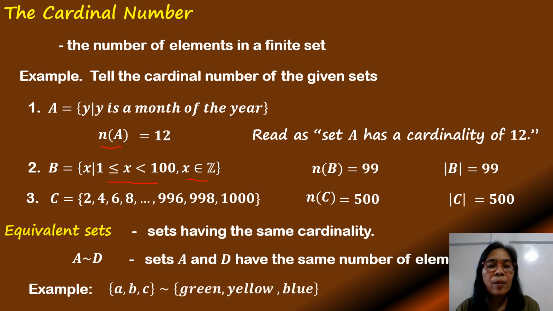Or we have in here a set containing the elements A, B, and C is equivalent to the set containing the elements green, yellow, and blue because they have the same number of elements, or they have the same cardinality, which is equal to 3.